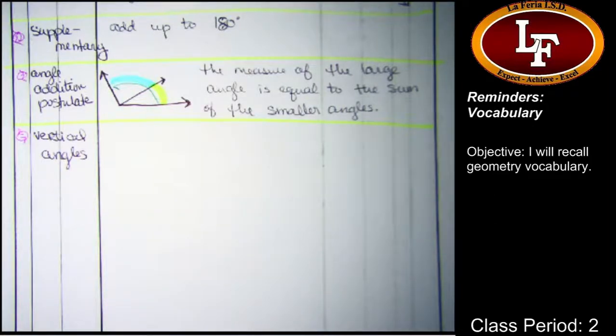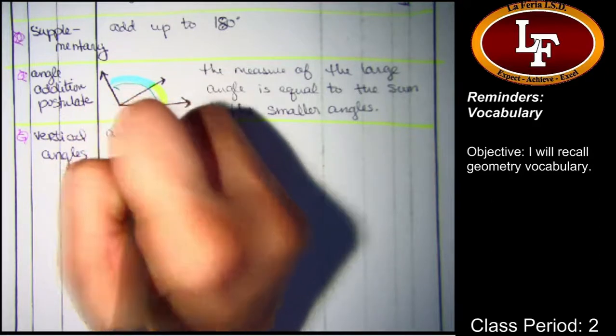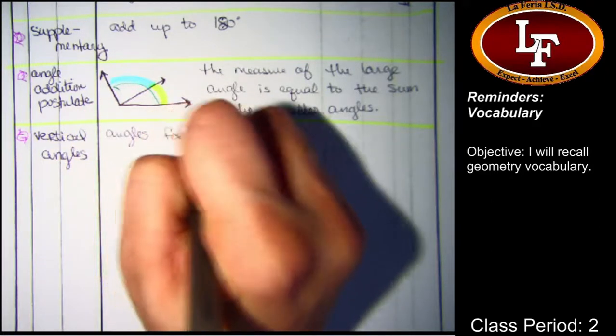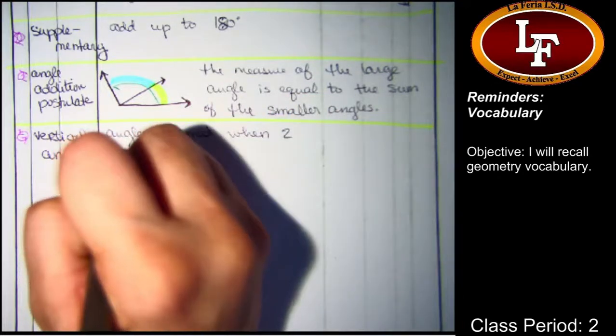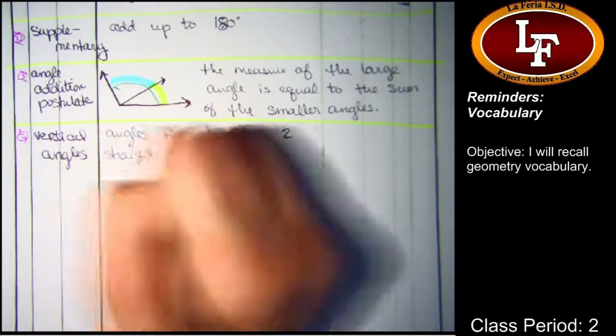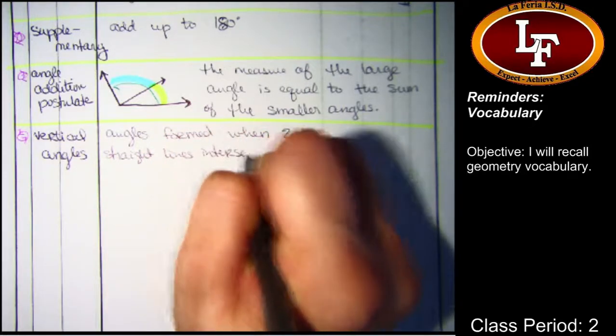These are angles that are created when you get two lines that intersect. So, angles formed when two straight lines intersect.